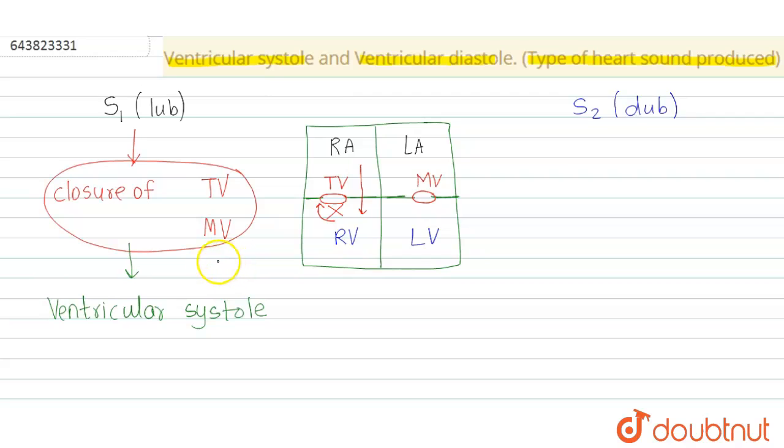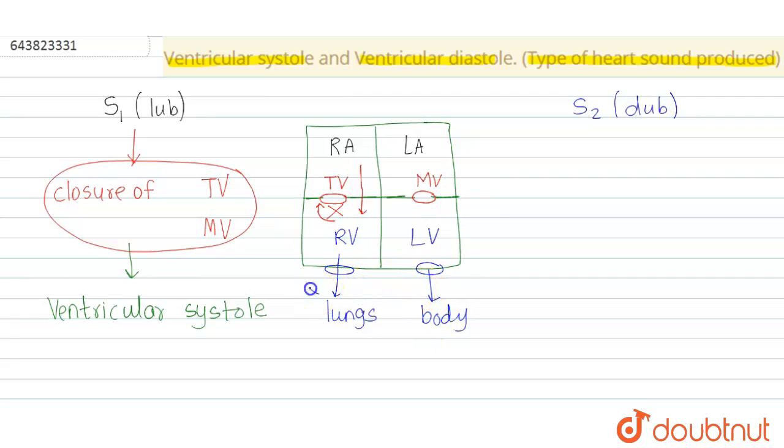Now there are some other valves also. Let's draw these valves. There is a valve which is acting as a gatekeeper, pouring blood from the right ventricle into the lungs, and another pouring blood from the left ventricle into the body. Blood should move from the right ventricle into the lung.